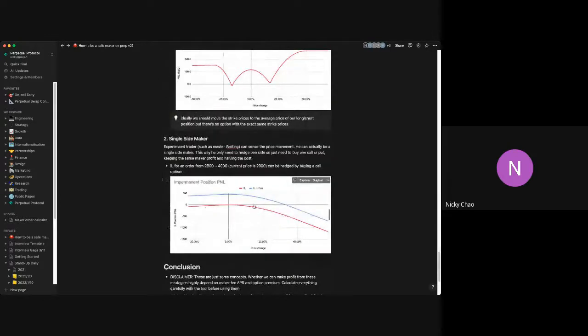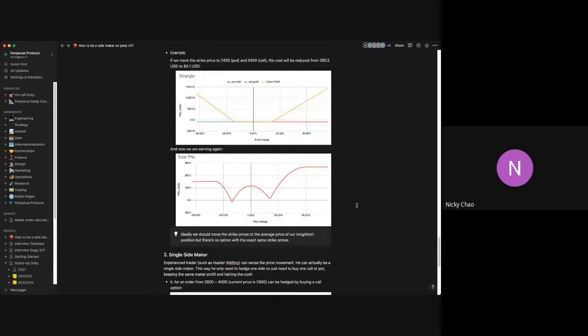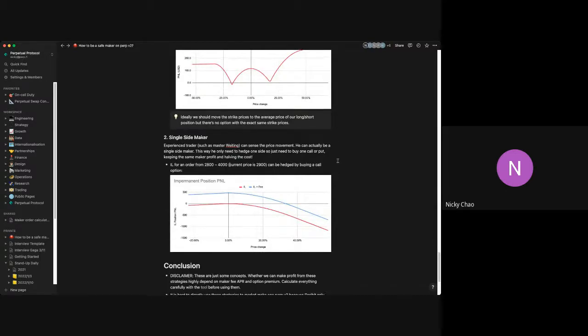This chart is basically an inverse of a single call option. So if you provide some liquidity with a range like this, you can hedge it by just buying one call option instead of doing the Strangle or Straddle strategy.